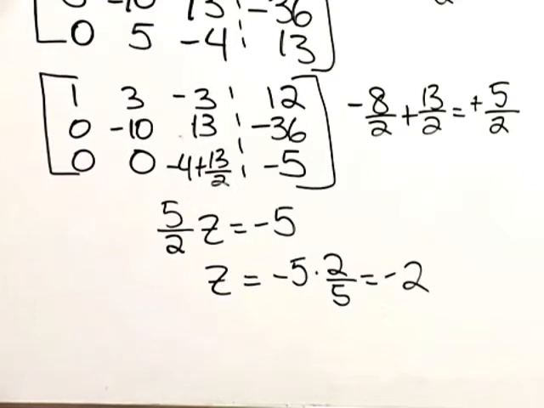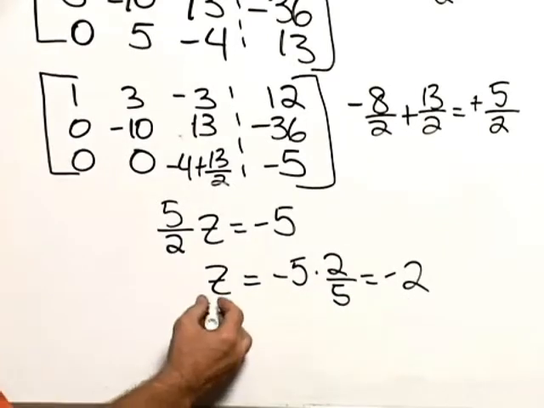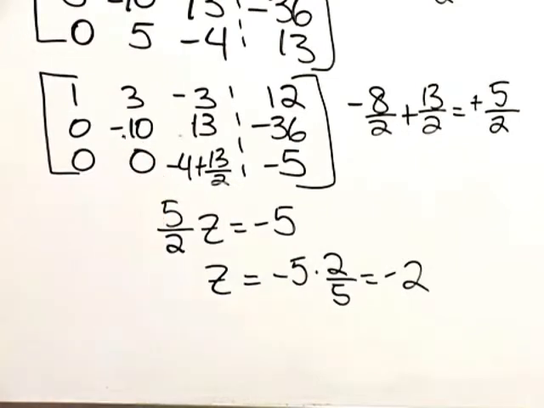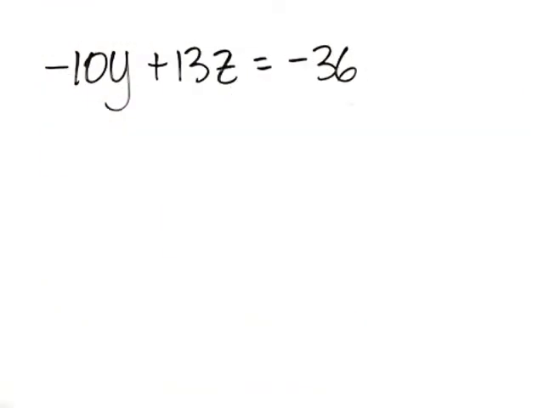Now what we'll do is use that value of z and substitute it into the equivalent equation from row 2 of the matrix. So let's do that next. The equation from row 2 is -10y plus 13z equals -36, and we just determined that z is -2.